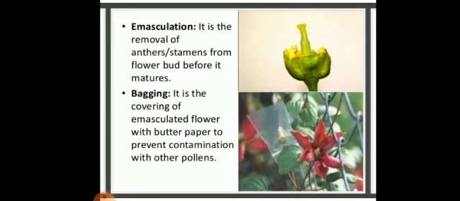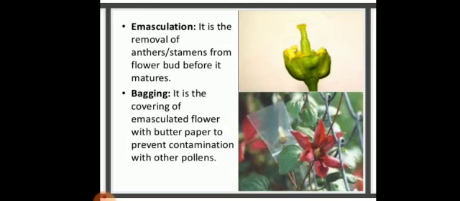One step is emasculation, which is the removal of anthers or stamens from the flower in bud condition, before it matures. That time emasculation is done, and later bagging. Bagging is the covering of the emasculated flower with butter paper to prevent contamination with other pollen.